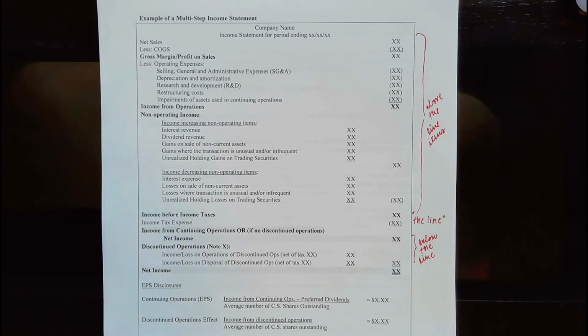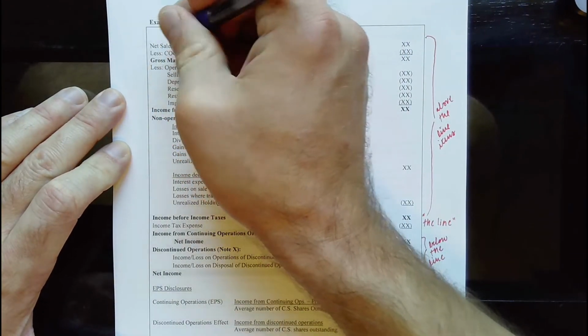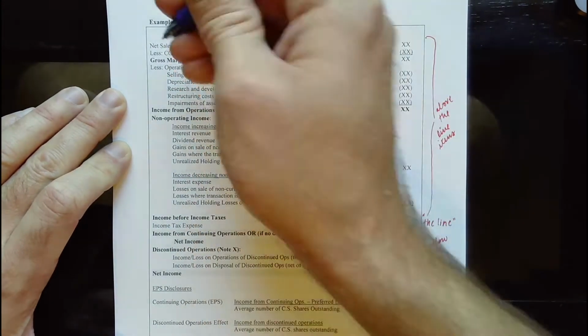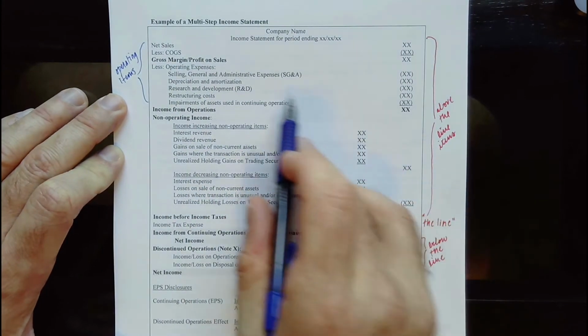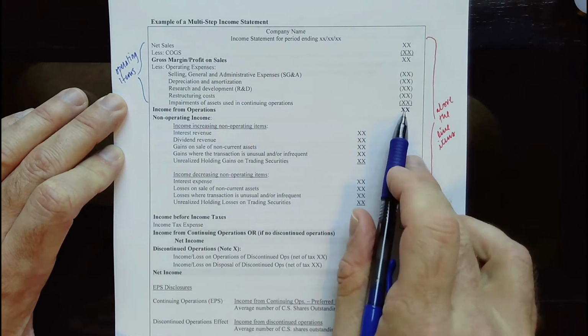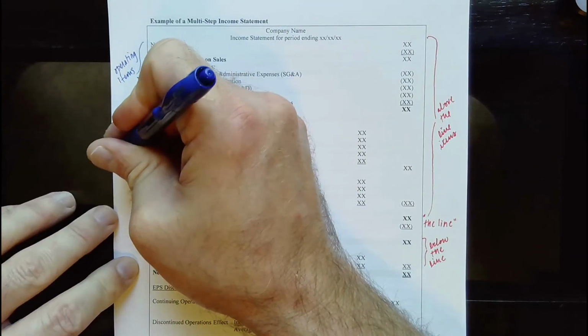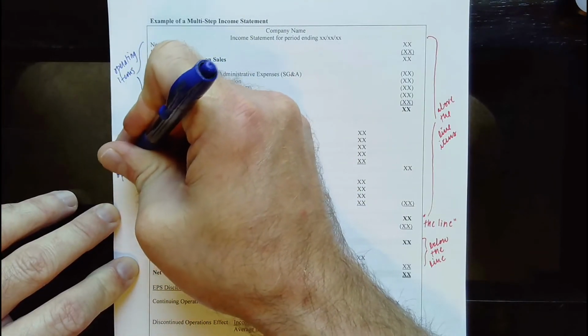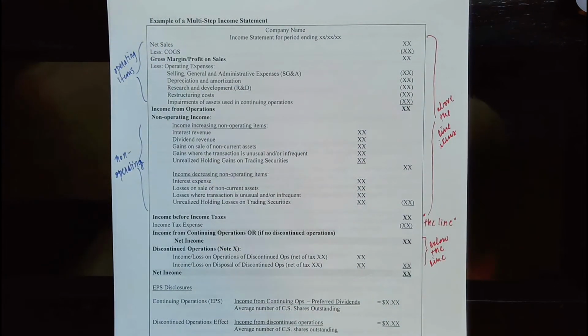Now, between above the line and below the line, we have a couple of other small sections. Anything from net sales through operating expenses is going to be operations or operating items. Then after we have income from operations, which is just the aggregation of all these items up here, we disclose our non-operating income. So let's think about those terms real quickly. Operating income would be those things that result from the ongoing central operations of the company.